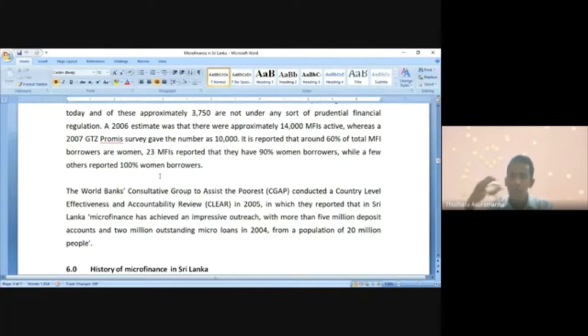So those questions could come as MCQs. When you do past papers, I will share it further. Actually there were so many MCQs on microfinancing. So for microfinancing in Sri Lanka, the possible questions could be definition, interest rates, those things.